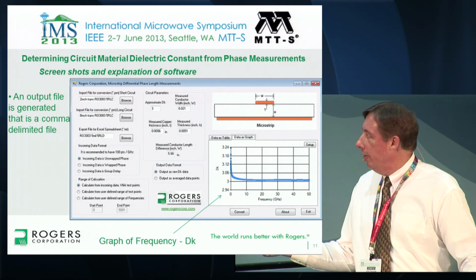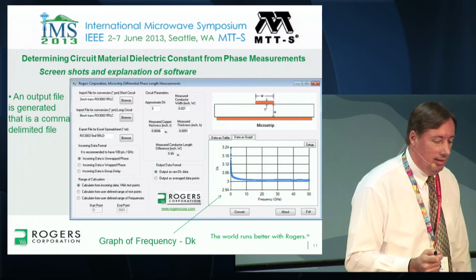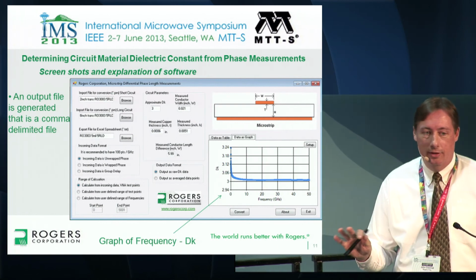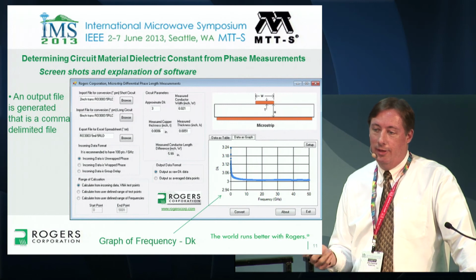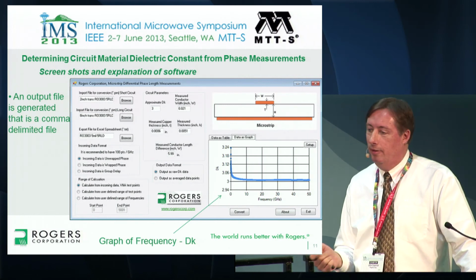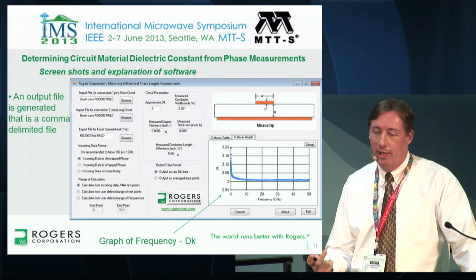The other thing about this chart is the nonlinear area down at the lower frequency range. That's actually legitimate, and that's not due to this wavelength thing that I've been talking about. That's actually due to the nature of any circuit material, and that has to do with moments of relaxation.